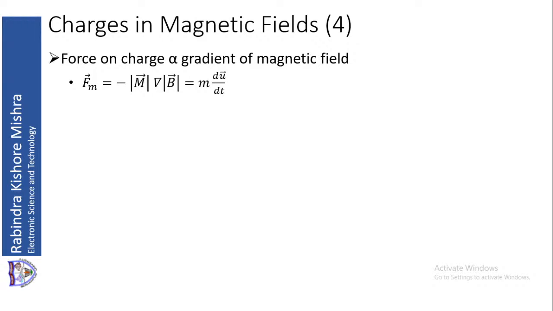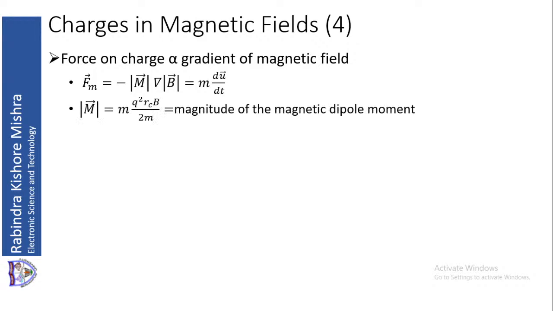Actually, this force acts in the negative direction. If the direction of M is G, then the force is along minus G. Because of that, we are taking a negative sign. So minus capital M mod grad B.